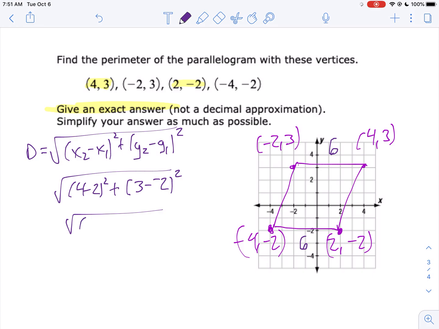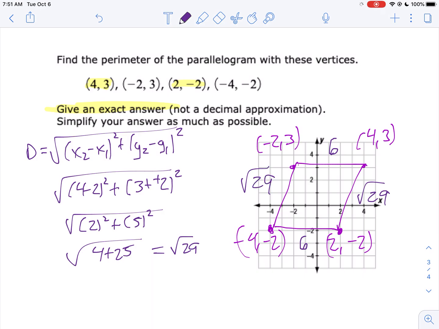Well, 4 minus 2, that's 2 squared. 3 minus a negative 2, that's the same as 3 plus 2, so that's 5 squared. So we get 4 plus 25, which is the square root of 29. I don't want that as a decimal. It's the square root of 29. So in other words, we know the other length is going to be the same.